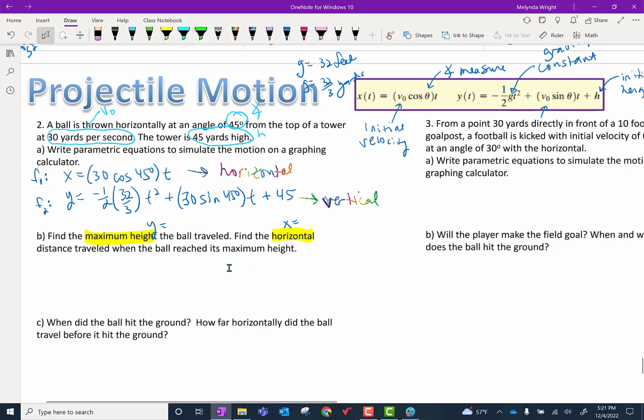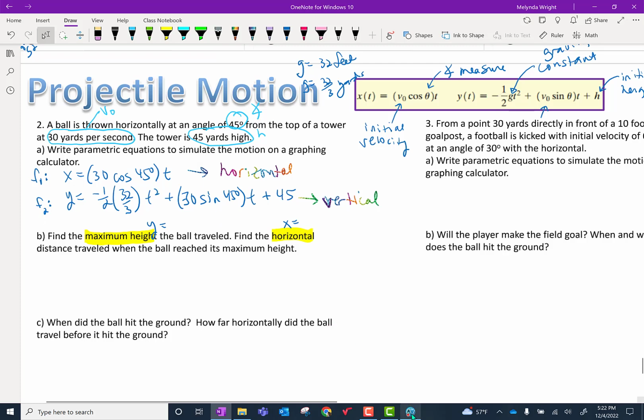So what do I do when I get the maximum t value? Then I want to find the horizontal distance. If I know the time when the ball was at its height, then I can plug the time into my x equal equation and find the horizontal distance. So that's our game plan. That's what we're going to do.